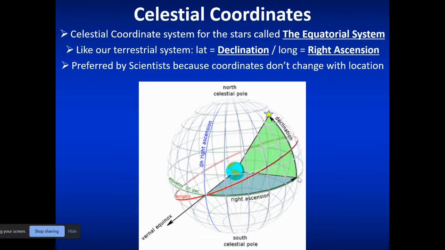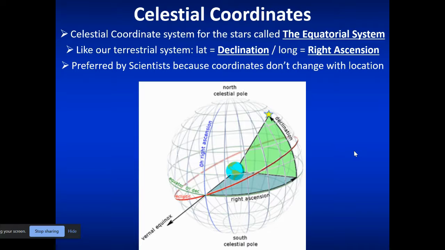And so these two coordinates, declination and right ascension, can give us the location of a star. And they give it a location regardless of where you're at observing from Earth. So the advantage of this system is that these star coordinates are the same for someone in Australia as they are for here in the United States.